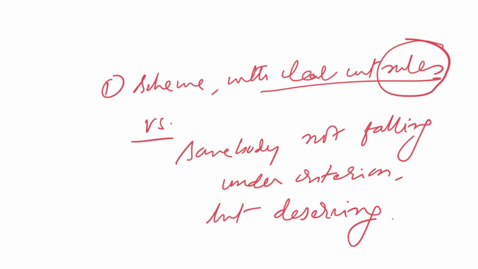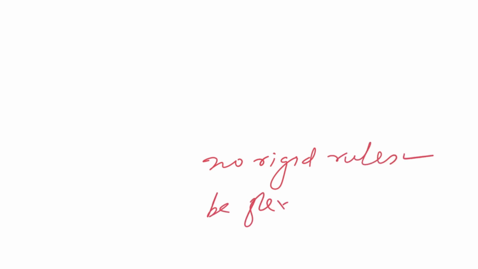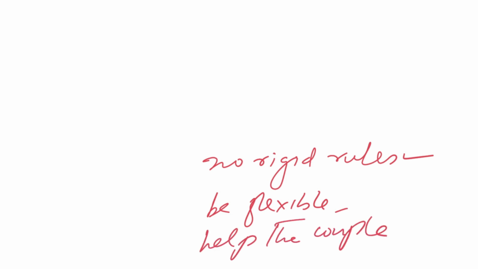So, how do we look at this? Of course, I know most students rightly write that there should be no rigid rules, be flexible, help the couple. I am sure most students write like this.